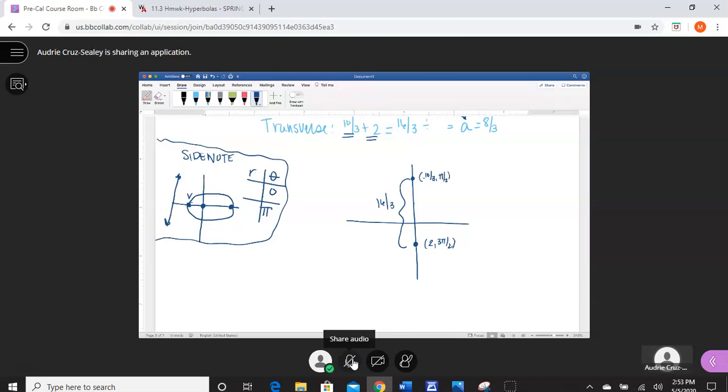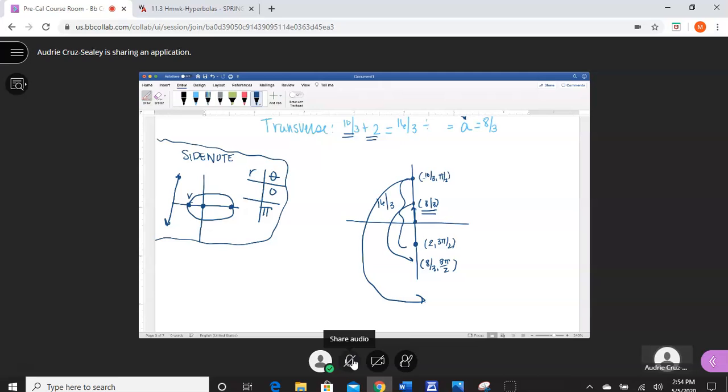Right. So in between here is 8/3. The distance between here and here is 8/3. The problem is that you have to flip them, right? Because this is where your vertex normally is. So then this is 8/3, not pi over 2, 3 pi over 2.